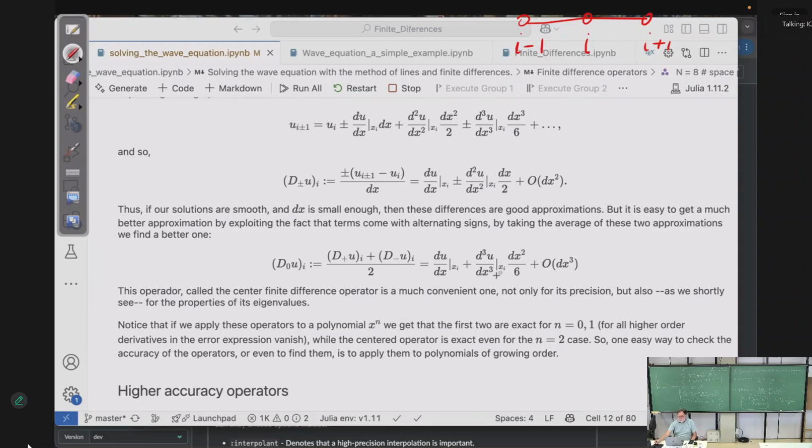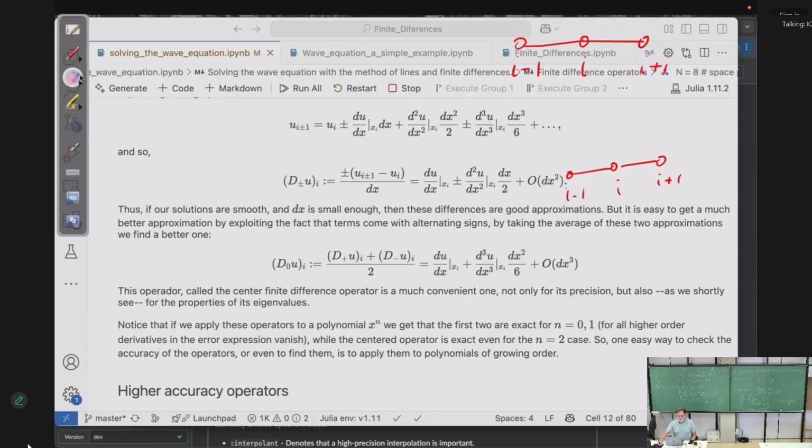And in general, for points where we have the right and left points, say if we have these 2 points, this is the best way. So we usually do this. These are called centered difference operators.